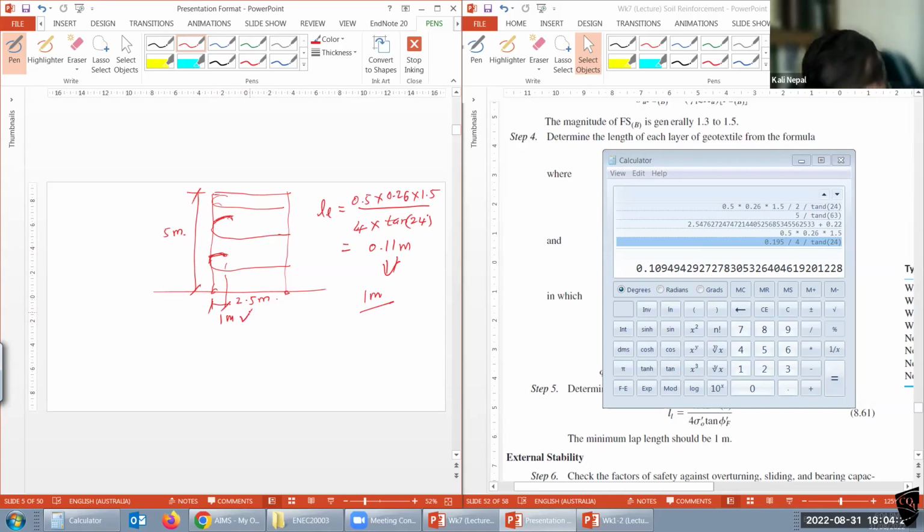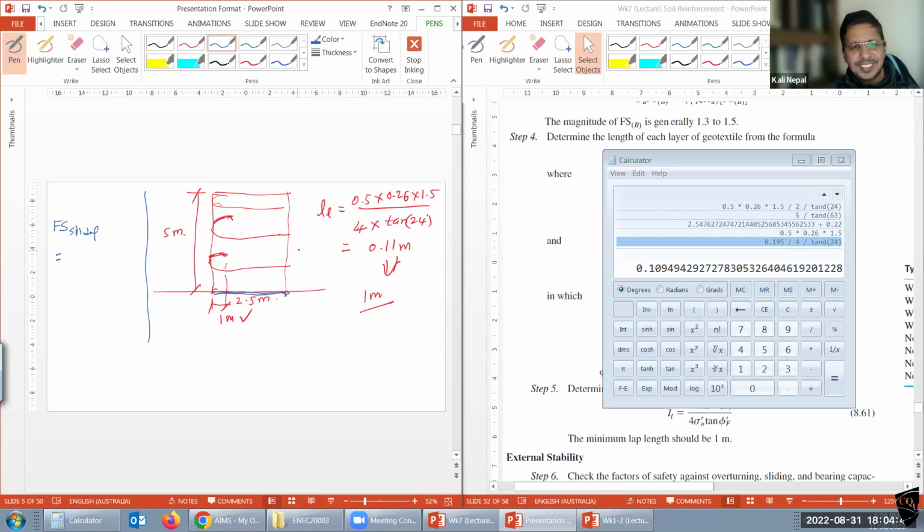So we did the internal stability, yeah. Need to check external stability. You already know, right? I'm not going to do all. Let's do sliding. Factor of safety, sliding. What prevents sliding? Over there, the friction in the base of the wall.